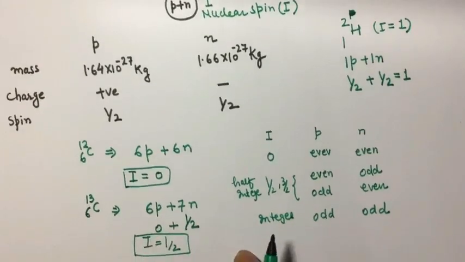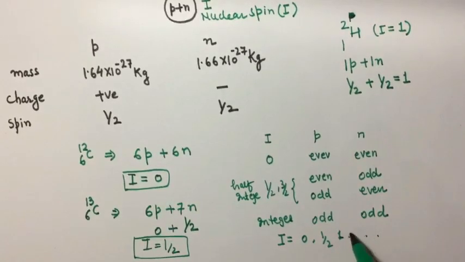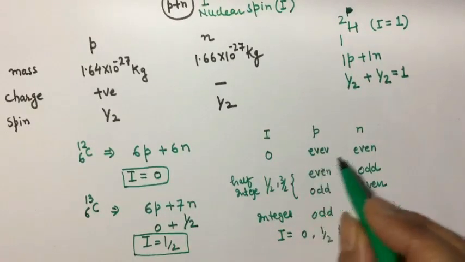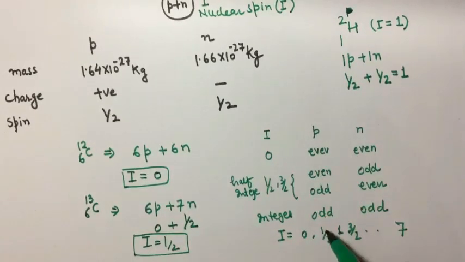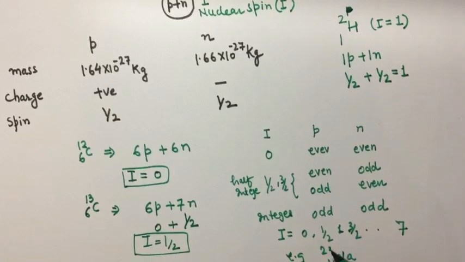The important thing about the nuclear spin value is that it has values from 0, then 1, 3/2, up to 7, and not all the values can be calculated by this rule. For example, take 11 sodium 23.